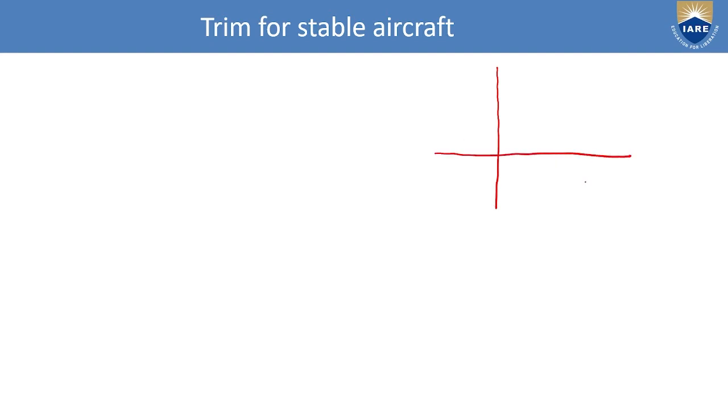Trim, I want to discuss about the trim for symmetrical airfoil, symmetrical wing. If it is a symmetrical wing, then what will happen? For the symmetrical, we have discussed that at alpha is equal to 0, this is the case 1. Okay, so this is alpha, and this is the CM.